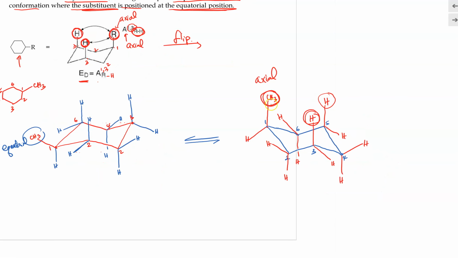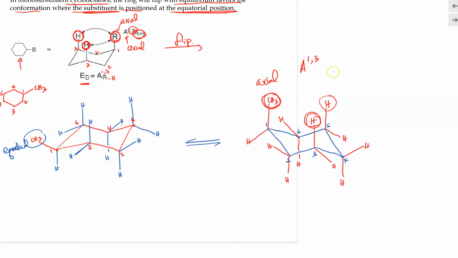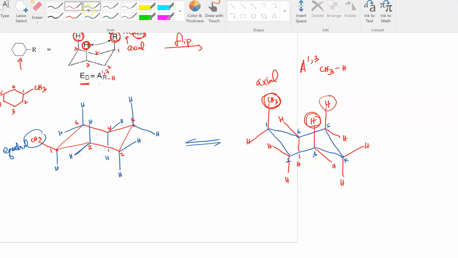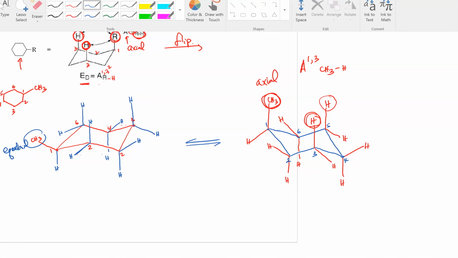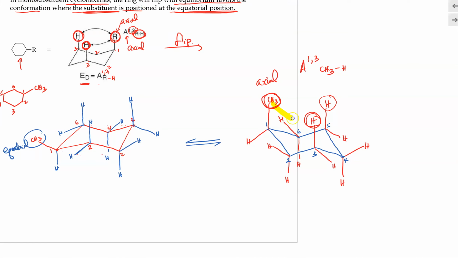When we have a group at the axial location, it has this 1,3-diaxial interaction that we mentioned between a CH3 group and the hydrogen. So because this CH3 group is now interacting sterically with this hydrogen, and also interacts with this hydrogen as well.